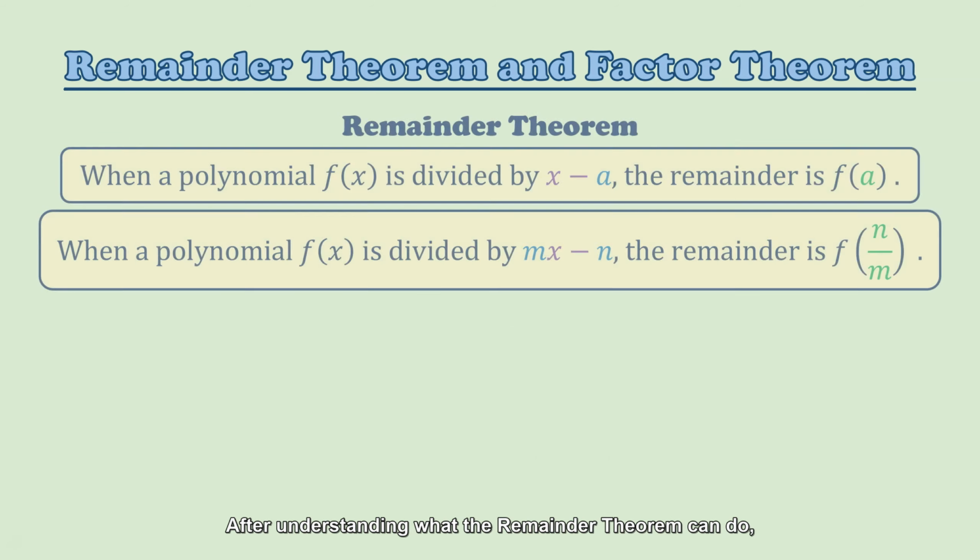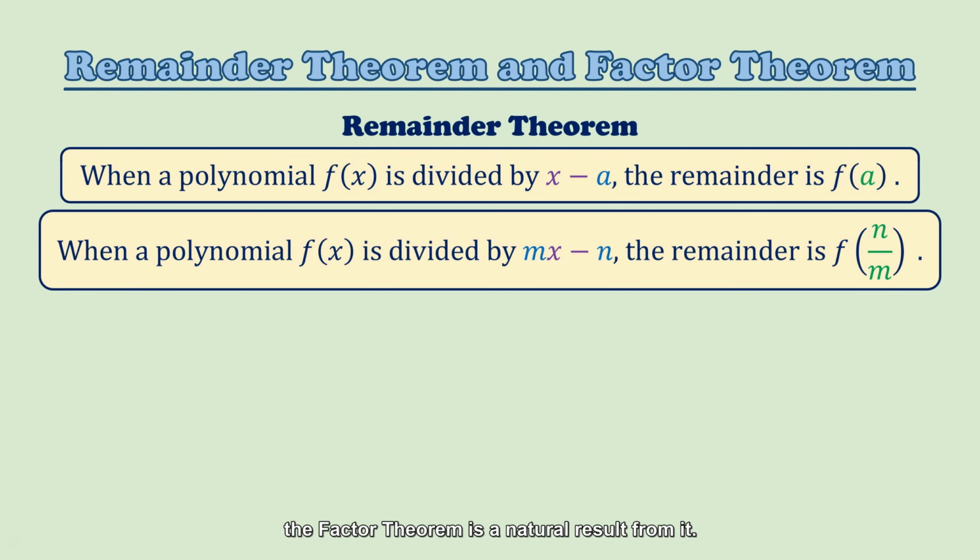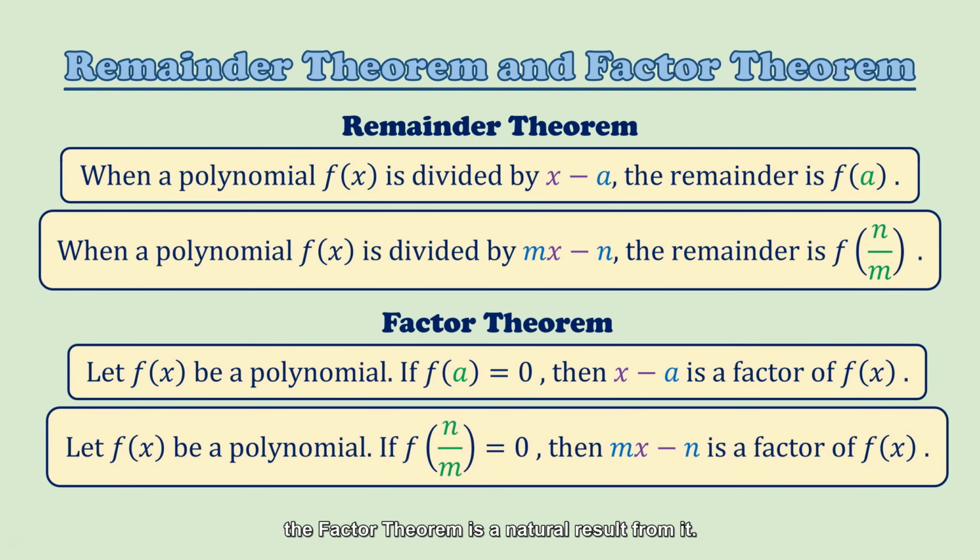After understanding what the remainder theorem can do, the factor theorem is a natural result from it. Suppose we know that f(x) is a polynomial and f(a) is equal to 0, then that means the remainder when f(x) is divided by x minus a is 0. So we know that f(x) is divisible by x minus a, and hence x minus a is a factor of f(x).